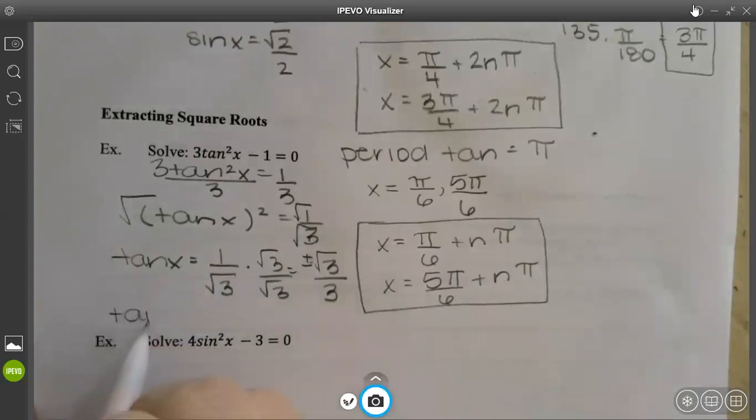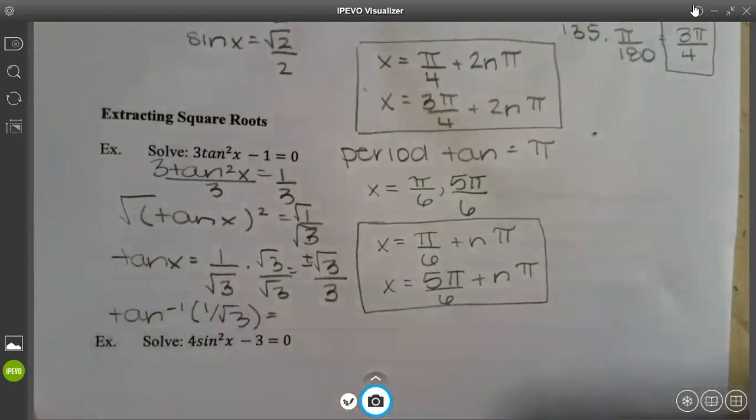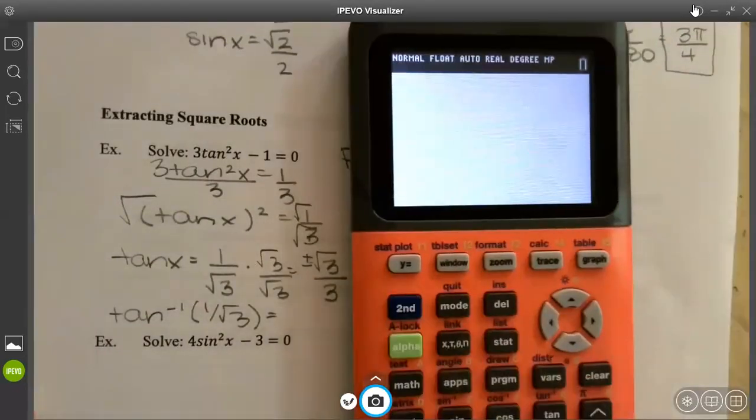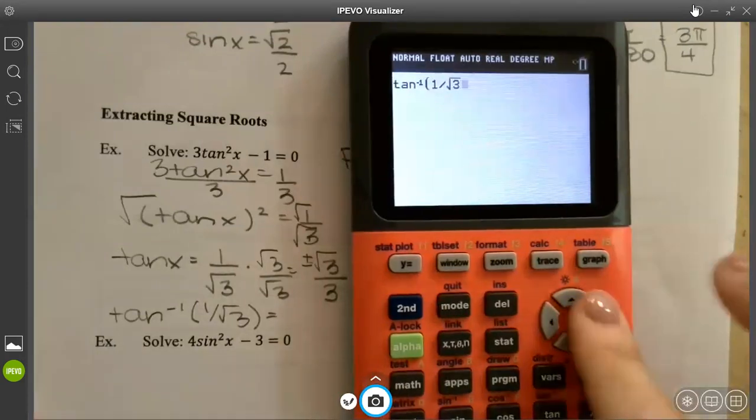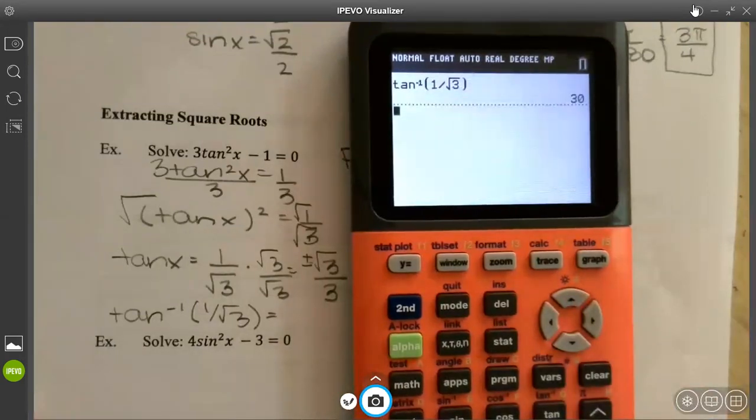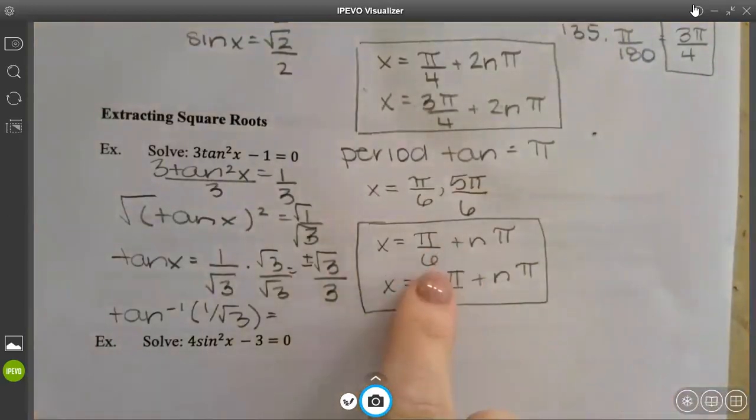If I do the tan inverse of 1/√3, and I put it in degree mode. Why would I put it in degree mode? Yeah, because I can convert degrees easier than I can radians, right? So what did I get? 30. Does everybody see that 30? And then I can change 30 into π/6.